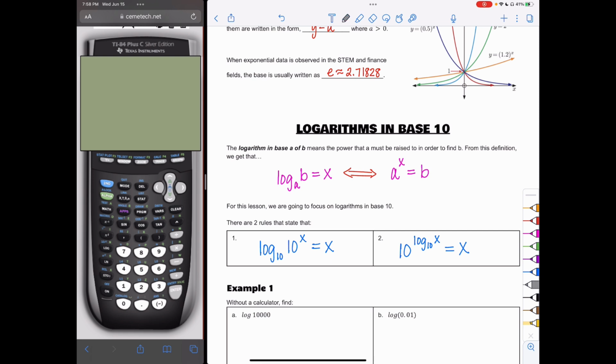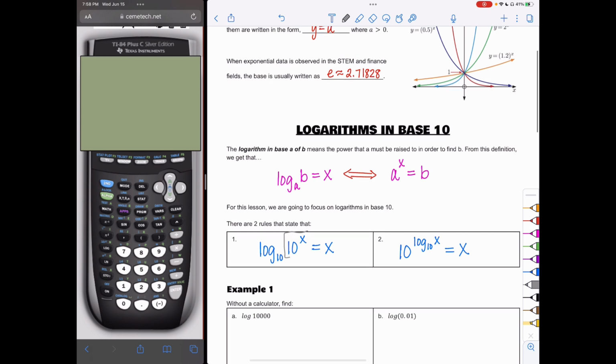Essentially, the base of the power, which is that 10 here, and the log with the same base cancel each other out, leaving you with the exponent. Just like in rule number 2, my power is 10 to the power of log base 10 of x. The base of it is 10, and that 10 cancels with the log base 10, giving me just x.